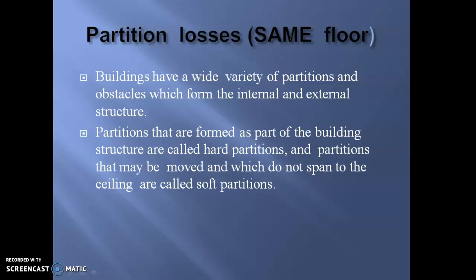Buildings have a wide variety of partitions and obstacles which form the internal and external structure. The partitions that are formed as part of the building structure are called hard partitions, and partitions that may be moved and which do not span to the ceiling are called soft partitions.